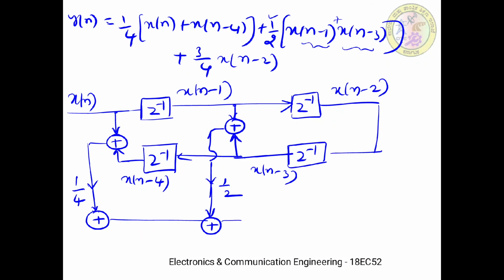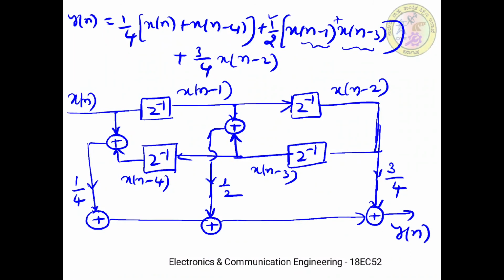Then finally, the term 3 by 4 into x of n minus 2. x of n minus 2 is available here. The only thing is this has to be multiplied with 3 by 4, that's all, and further this needs to be added with the previous added terms, and here we are going to get the output y of n.